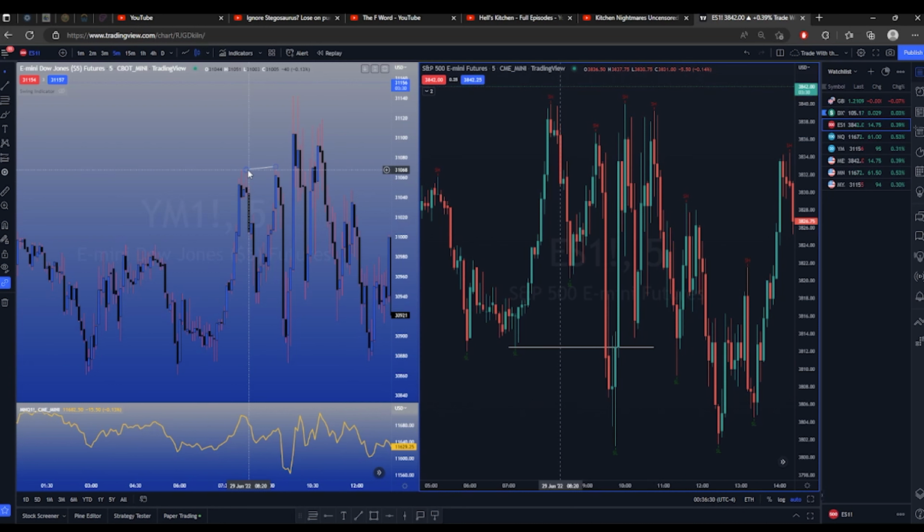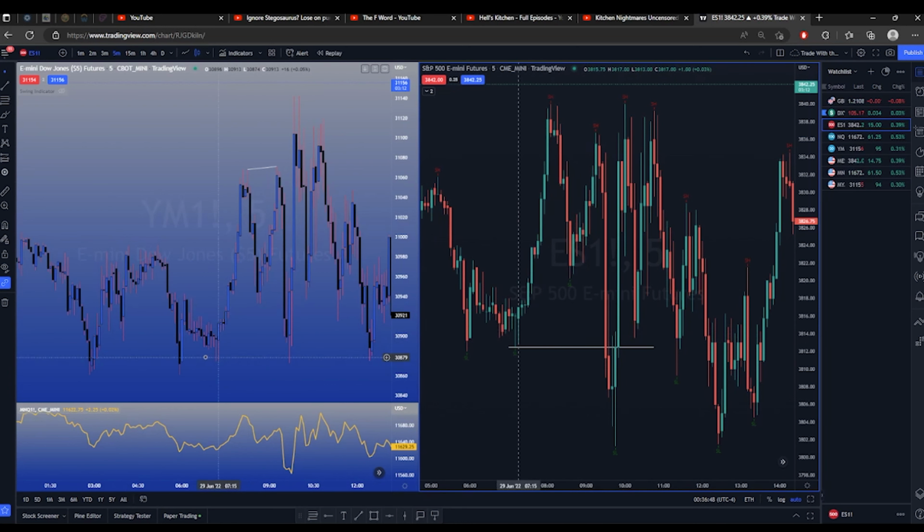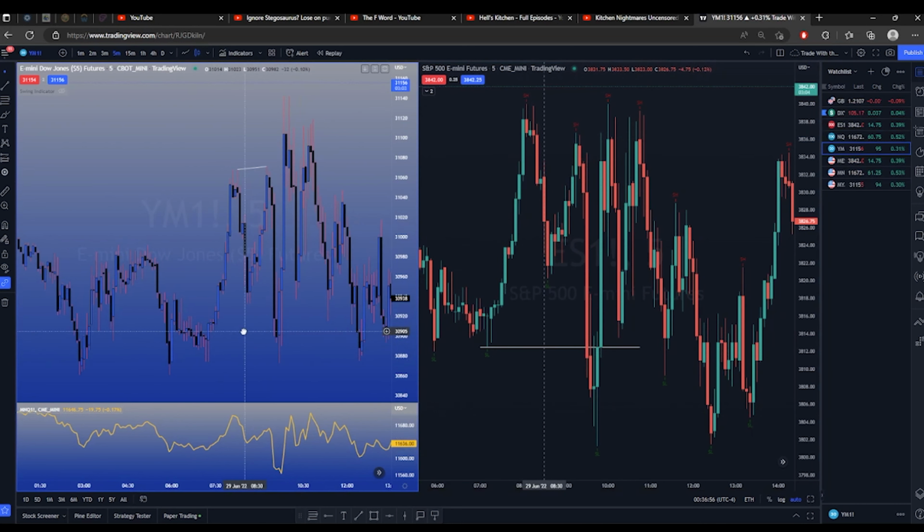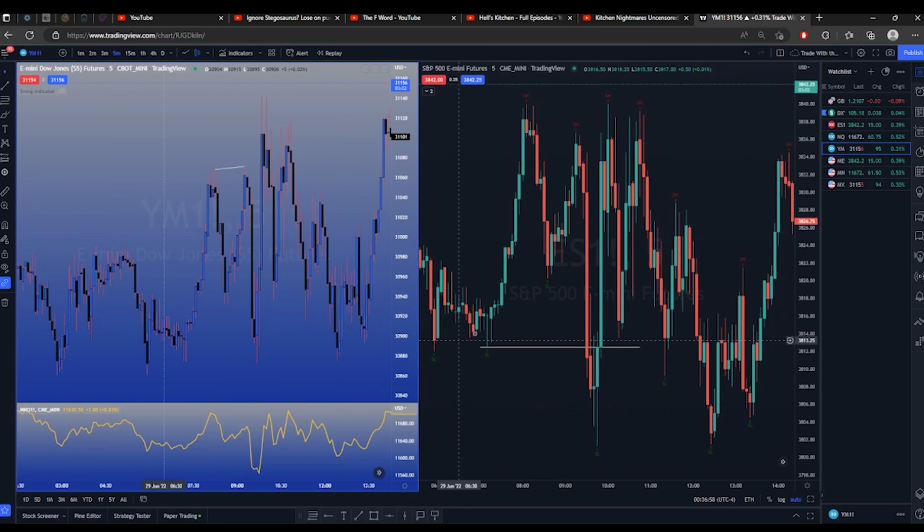So when I was looking into this trade right here, I had these lows marked up on the S&P, right before the news embargo was lifting, and I had it coming down to take out the low on the S&P. I'm going to show you on the S&P because I believe I took both trades on this.